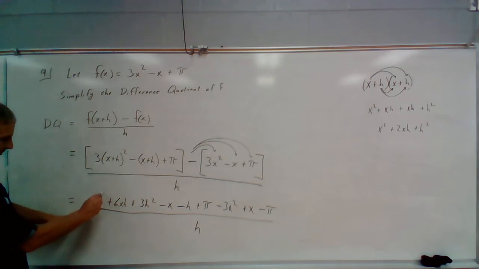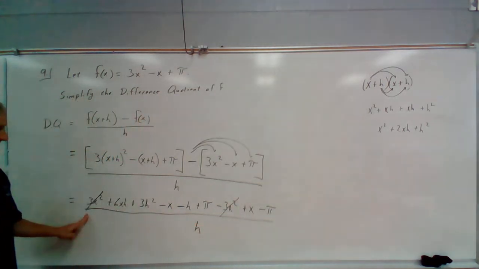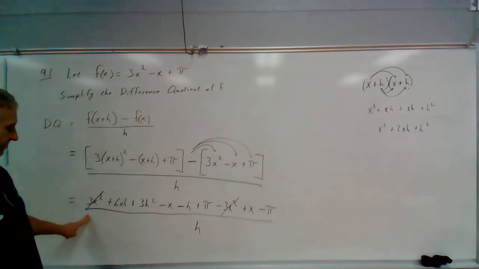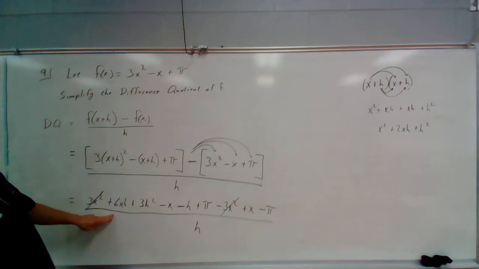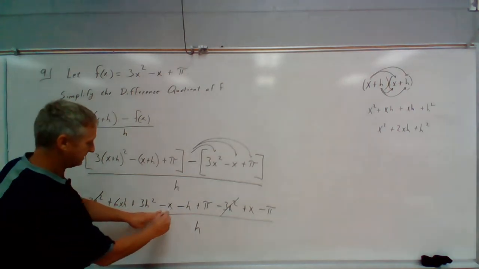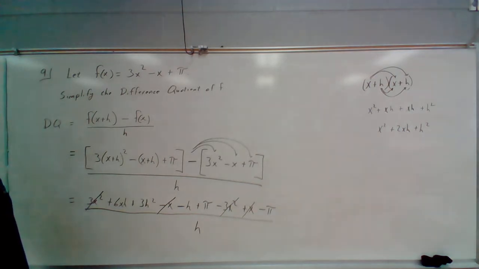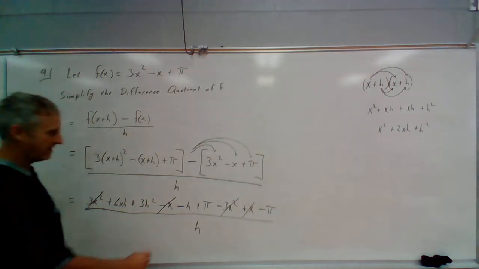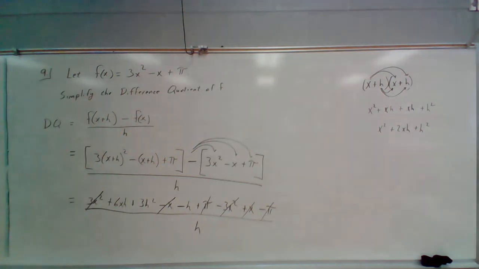So notice I've got 3x squared minus 3x squared. Those cancel. I've got minus x plus x. Those cancel. I've got pi minus pi. Those cancel.